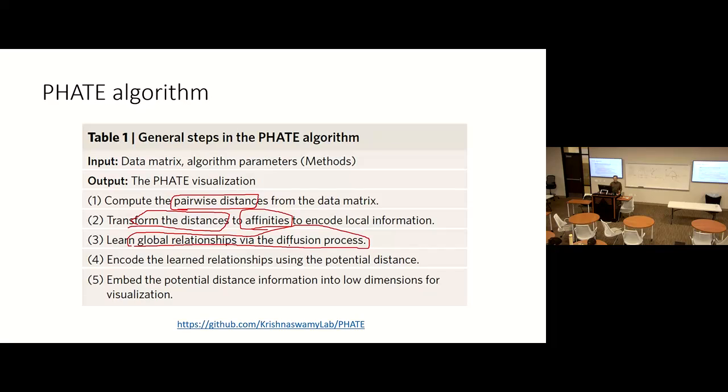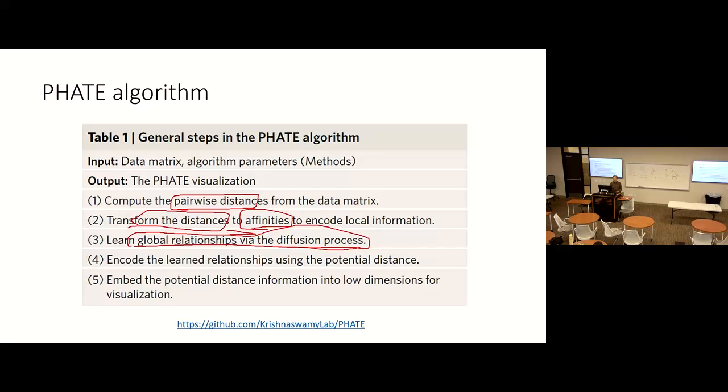Transform the affinity using this transformation to cut off some long distance, and long distance will basically be reset and cut, and then use a diffusion process to learn from one position to another how likely it is to move.